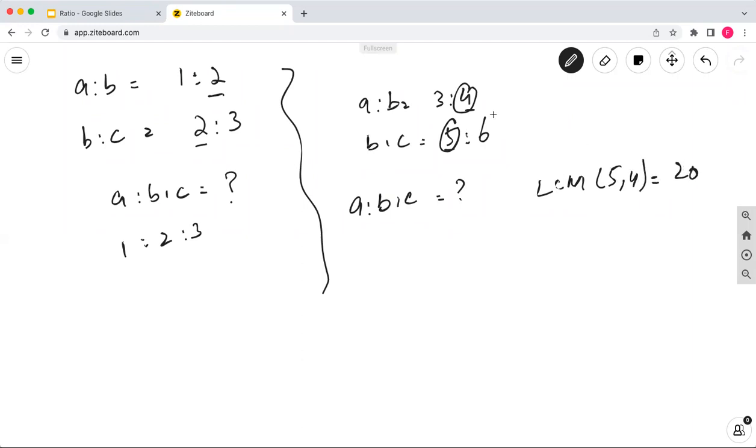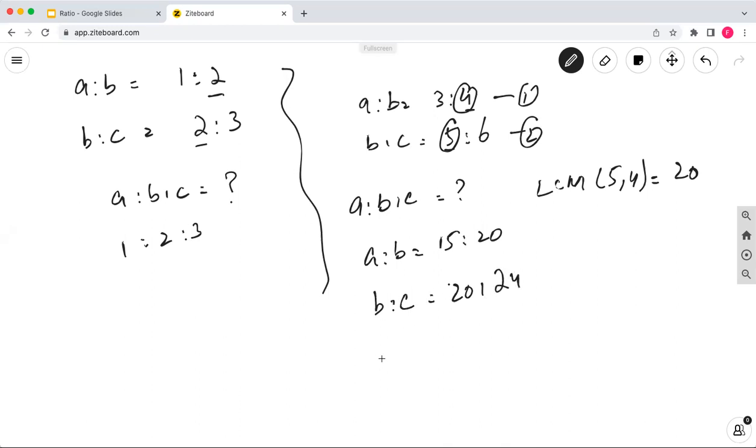Now, how can I come up with 20 in place of B in the first ratio? Multiplying by 5. And this will become 15:20. And how can I come up with 20 in the second ratio? Multiplying by 4. 20 into 24. Yes, right.